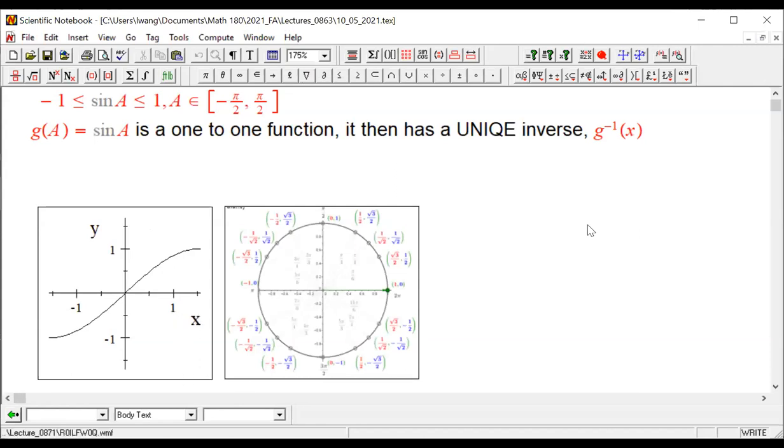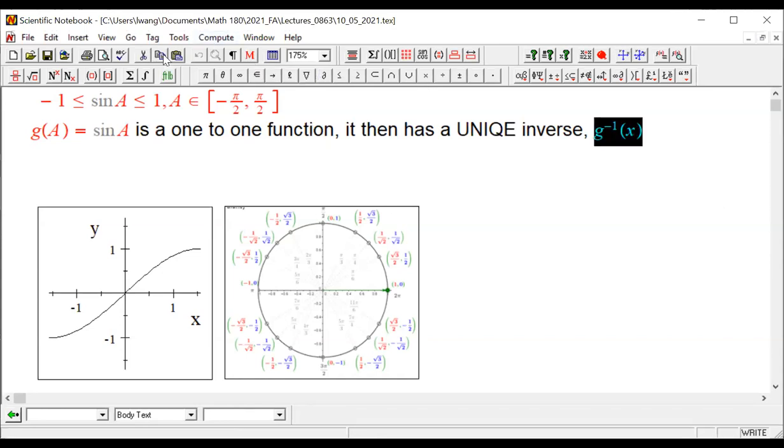Before that function is even created, recall what we did with inverse functions before. This new creation is going to be consistent with what we have learned before. Number one, if this G's domain is from negative pi over 2 to pi over 2, what will happen to the inverse?